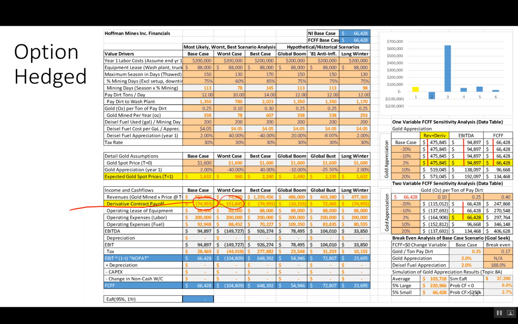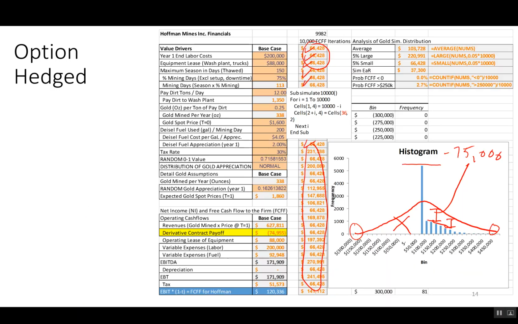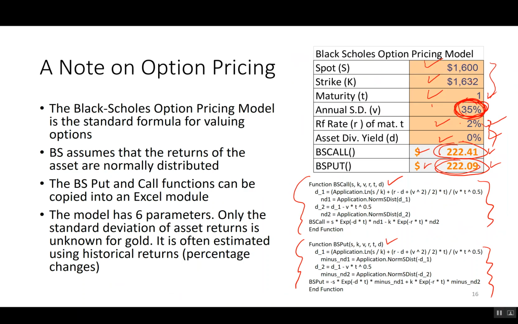Or I can do a call option, where it's the maximum of 0 and the future spot price minus the strike price. And also subtract out the premium. So I could just handle it in here if Todd Hoffman entered into a contract to buy fuel with an option or a forward.